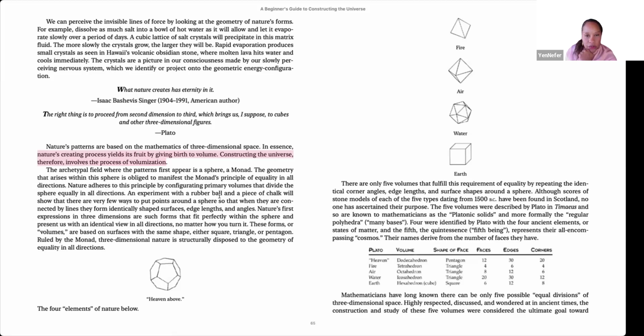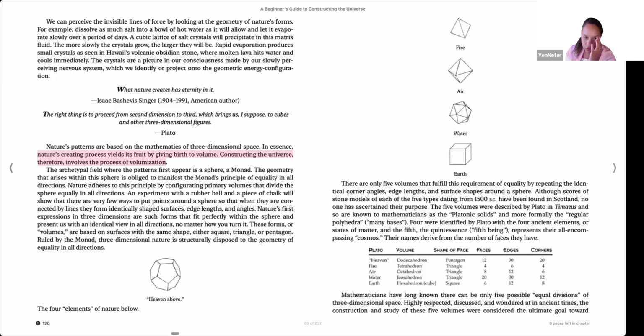An experiment with a rubber ball and a piece of chalk will show that there are very few ways to put points around a sphere, so that when they are connected by lines that form identically shaped surfaces, edge lengths, and angles. Nature's first expressions in three dimensions are such forms that fit perfectly within the sphere and present us with an identical view in all directions, no matter how you turn it.